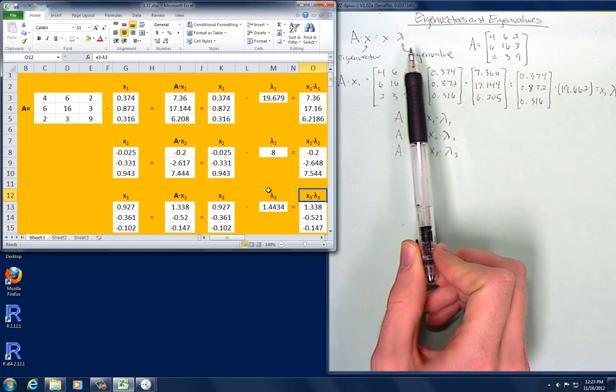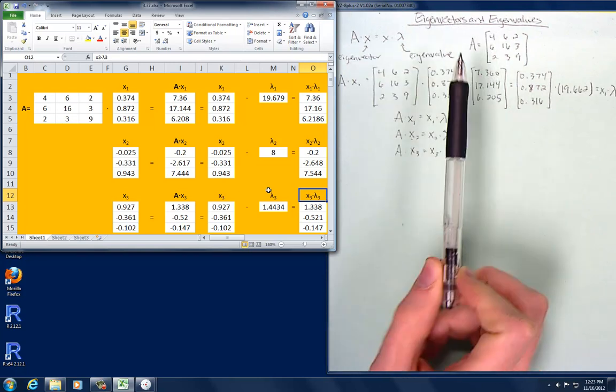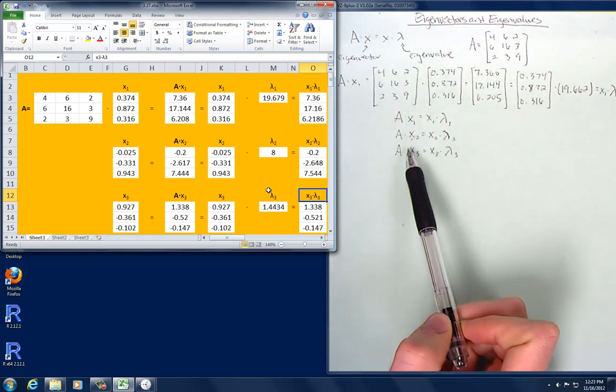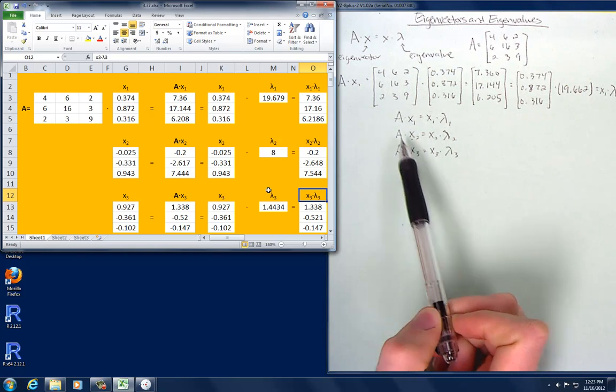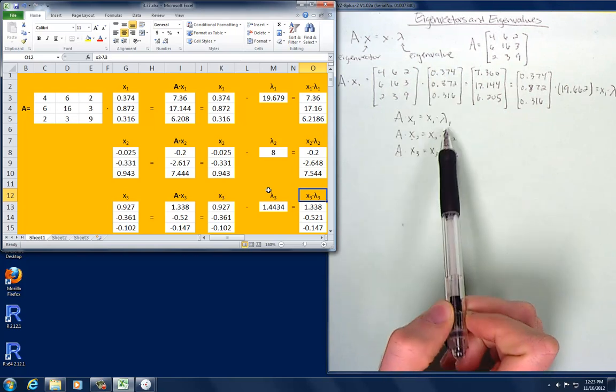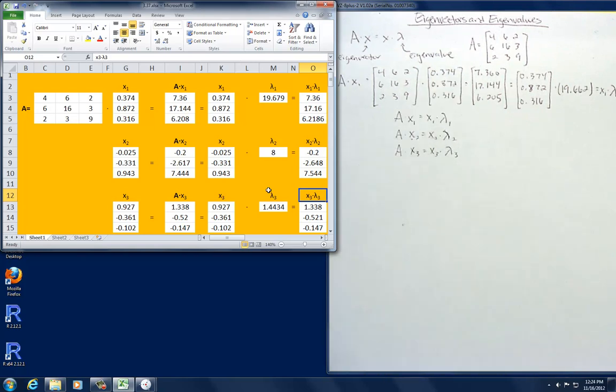And we can see that since this is of rank 3, we're going to get 3 of those, where x is the eigenvectors, and these lambdas are the eigenvalues. So the vector x is an eigenvector of matrix A, and lambda is the eigenvalue corresponding to that eigenvector. It is thus a self-vector, or one that gives itself back, times a constant.